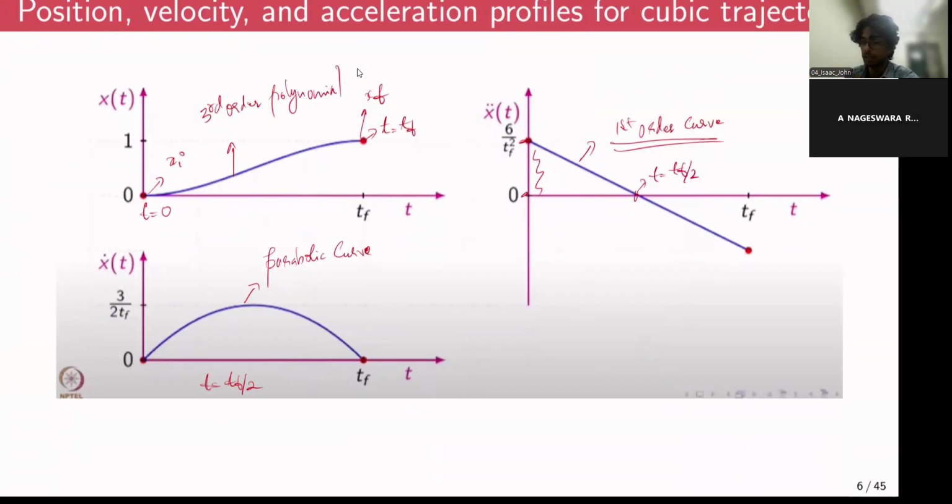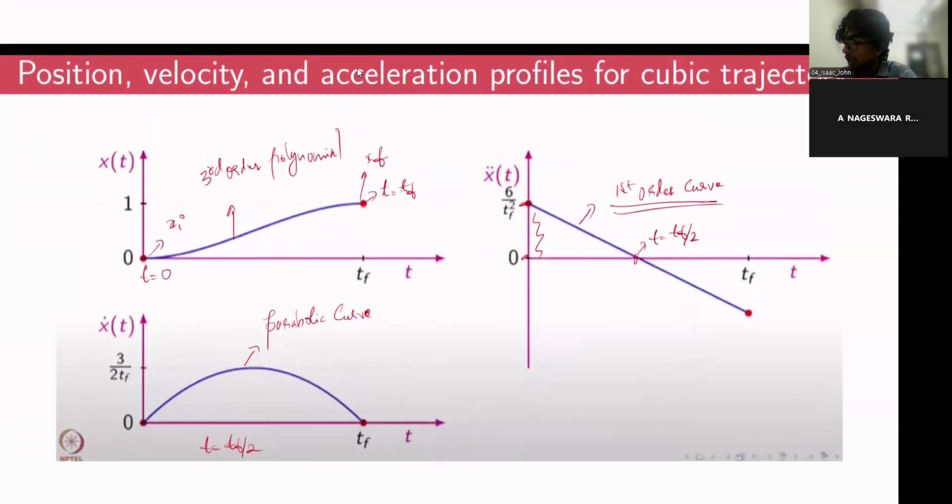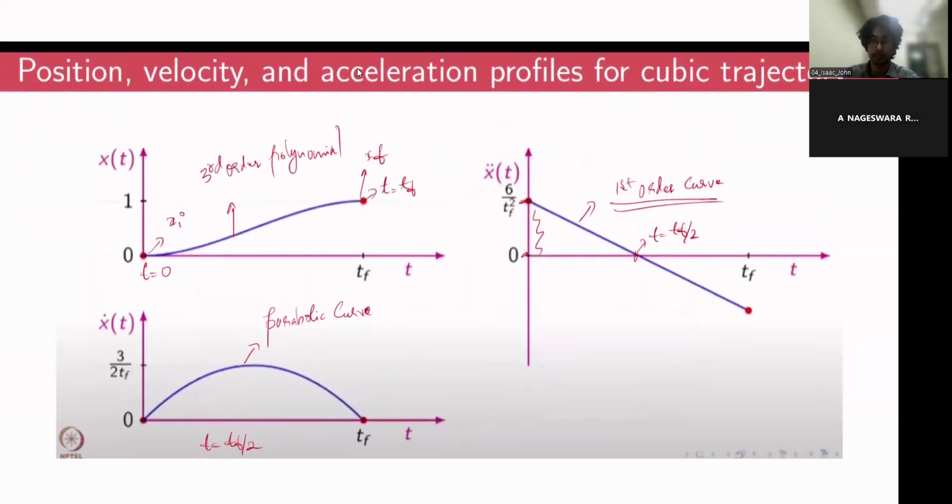If you substitute time tf by 2 into the velocity expression, you will get maximum velocity as 3 by 2 tf. But if you substitute time t equal to 0 in case of acceleration, you will get this term 6 by tf square, if you want to find out how much the initial sudden acceleration would be in terms of a cubic trajectory.